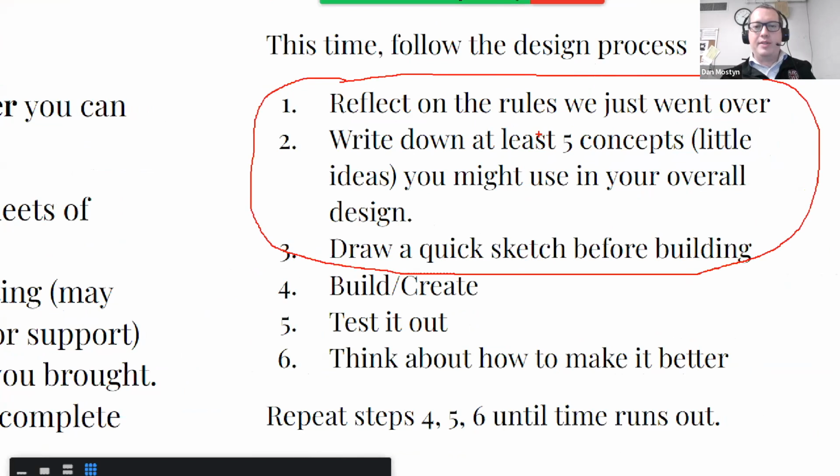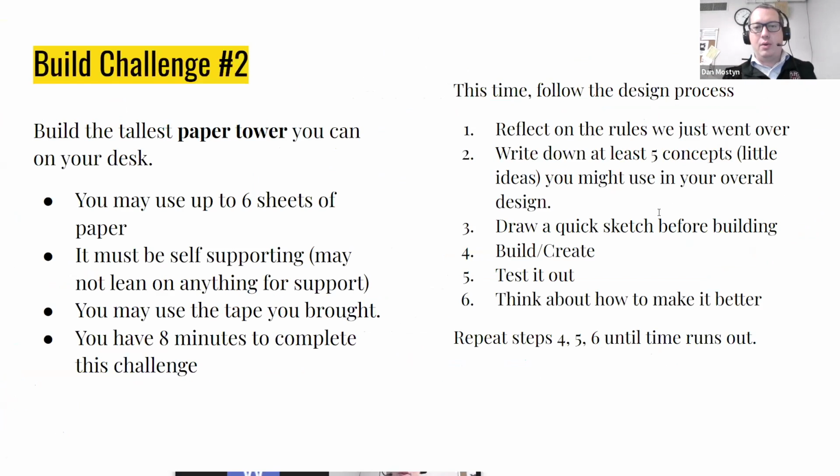I want you to write down at least 5 concepts. Those are little ideas that you might have that might work. They don't need to be the whole idea, just little things that might work. Because Matt Sly, you said you don't have tape, so some of your concepts might be how you're going to connect pieces of paper. And then before you build, we're going to draw a sketch, okay?